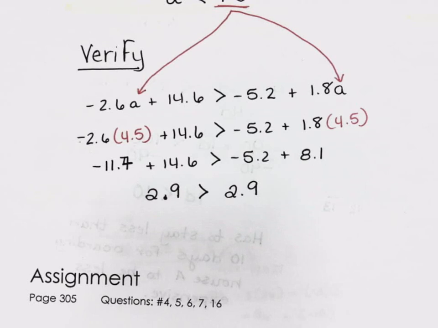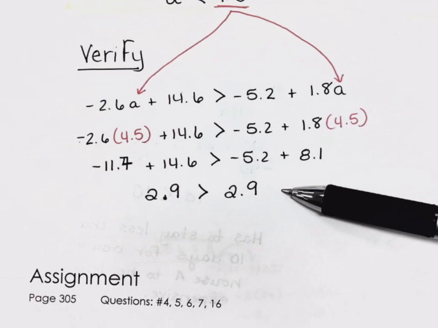Did anybody do the math with me correctly? 8.1 plus negative 5.